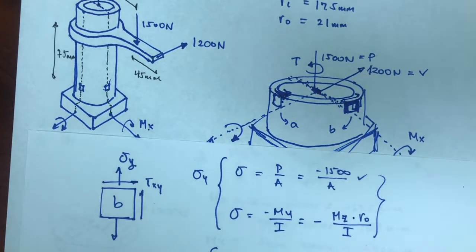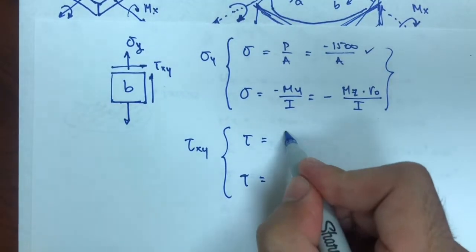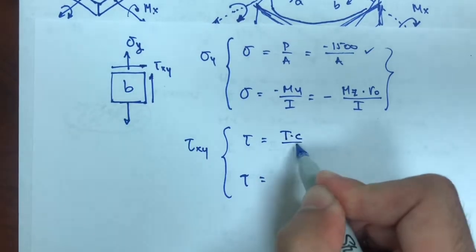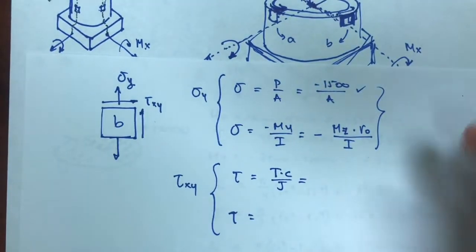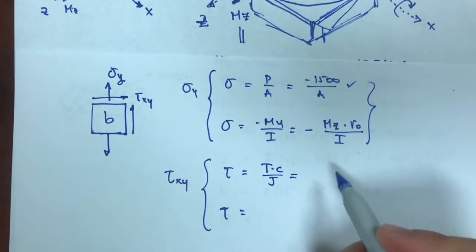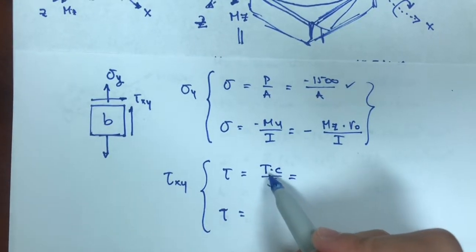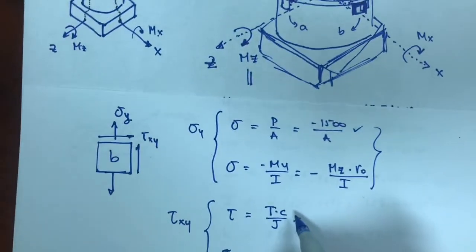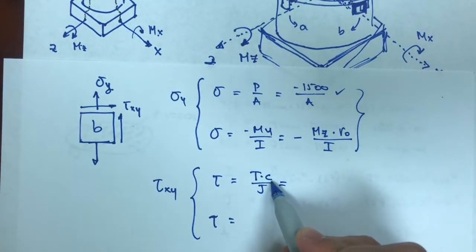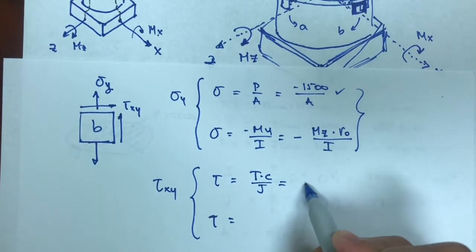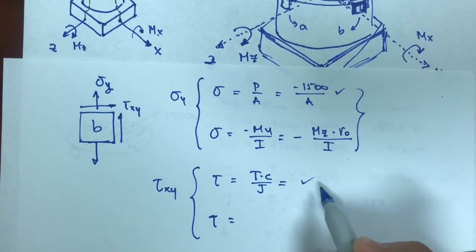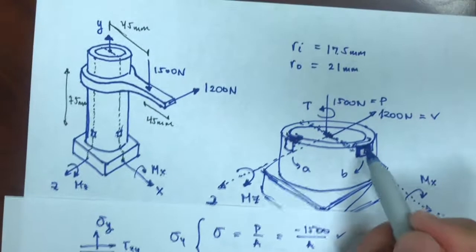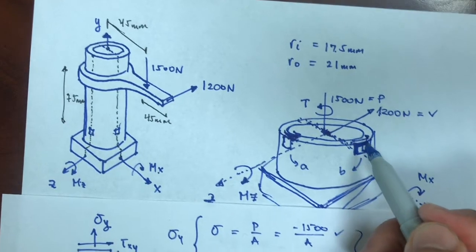So that would be a positive value. So this is Tc over J. The value for T is positive because it's counterclockwise. The c is the outer radius, and J is a positive value. So those are all positive values, which makes sense because this needs to go towards the right.